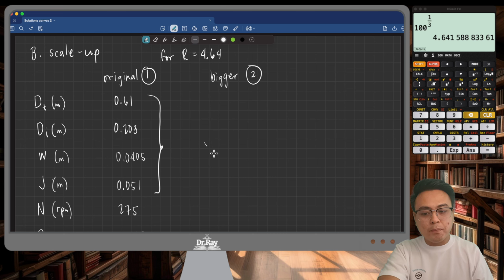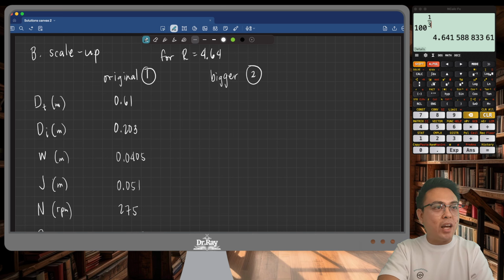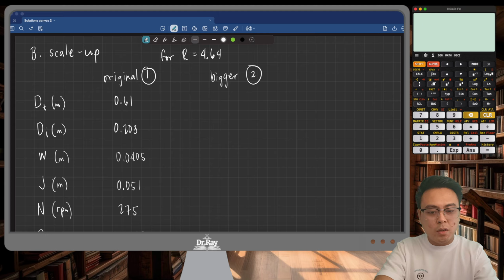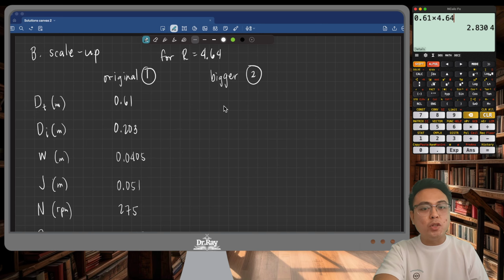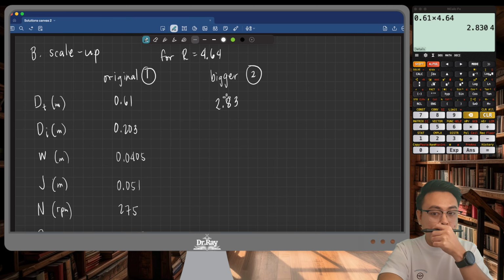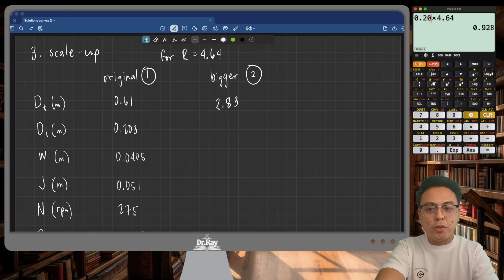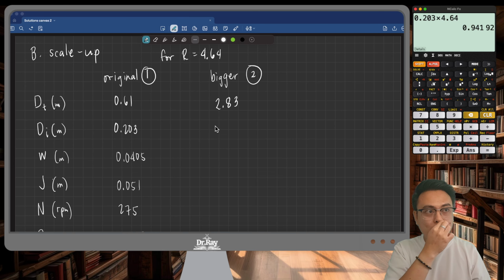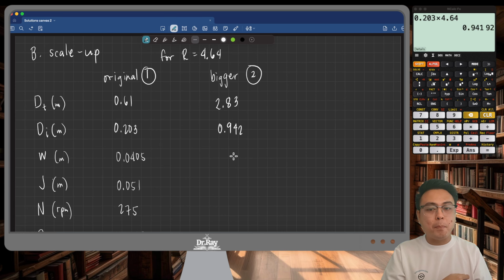So that means that my tank diameter from 0.61 meters, I'll multiply that with 4.64. The new tank diameter is 2.83 meters. Impeller diameter from 0.203 meters, that is now 0.942 meters, keeping the same number of significant figures.